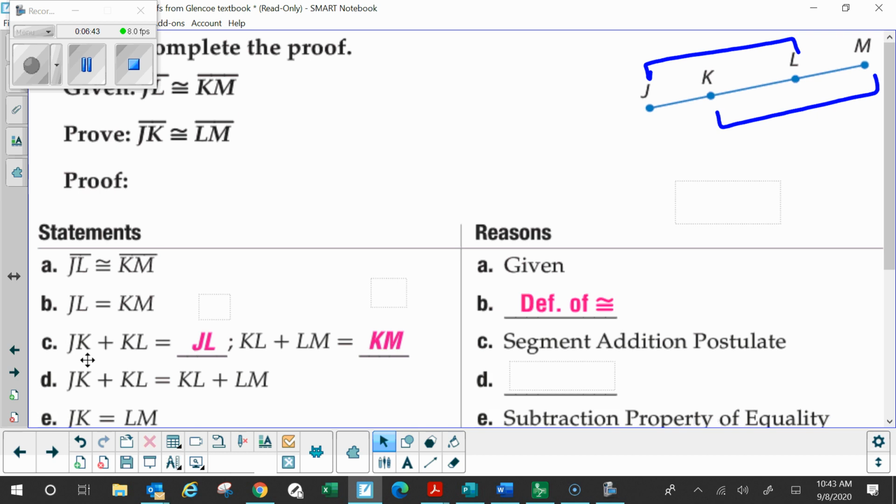So on step D, it says JK plus KL equals KL plus LM. If something is in another something's place, like if I leave for the day, who comes in? A sub. This is the substitution property.